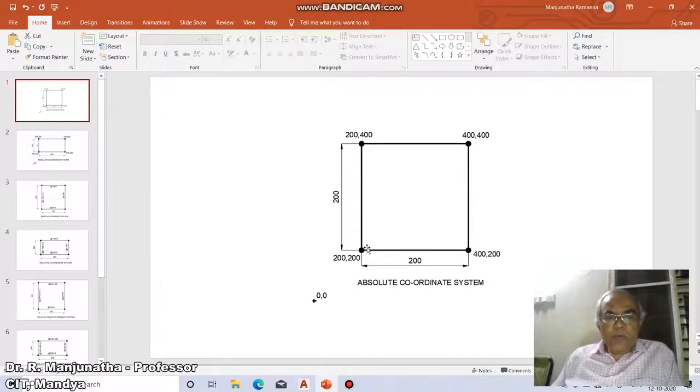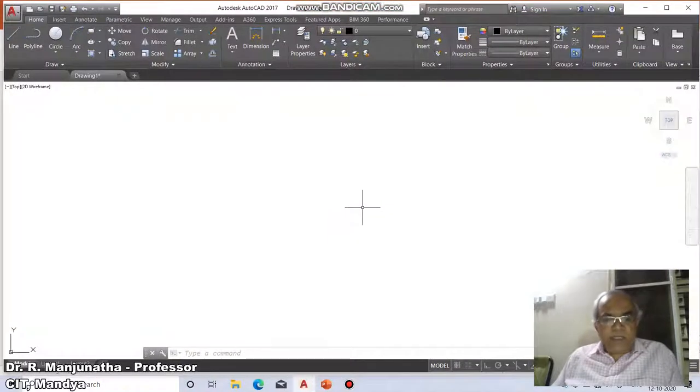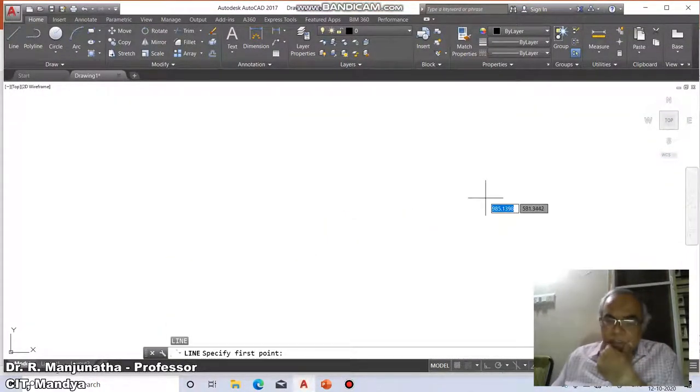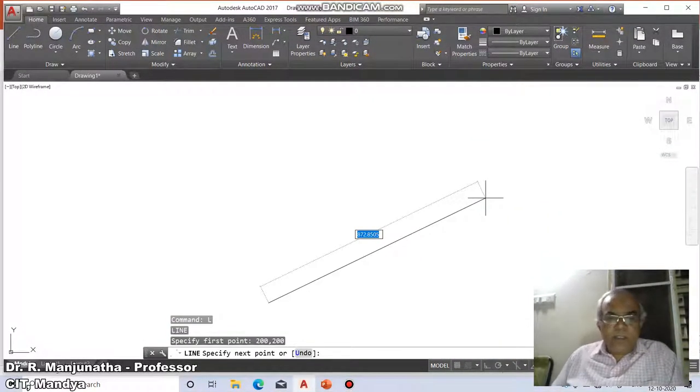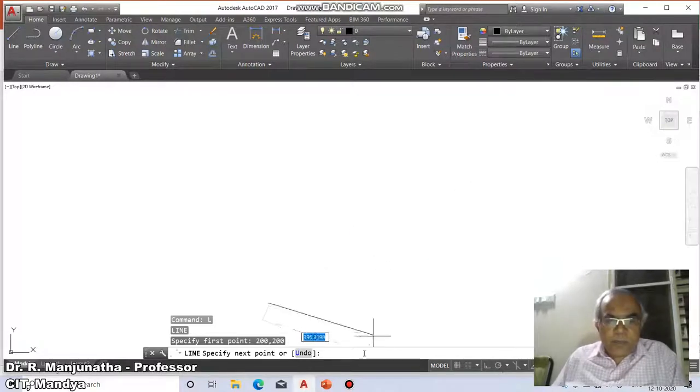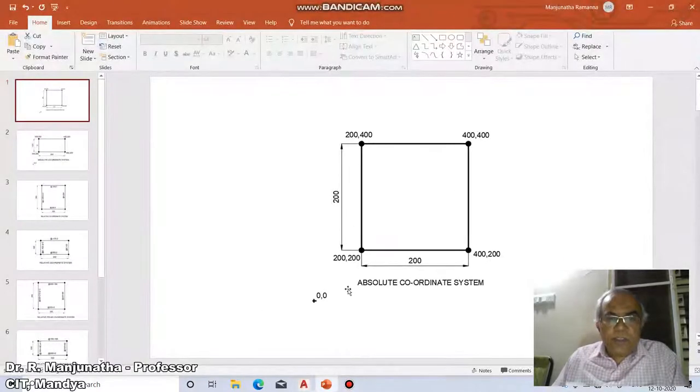Now we are going to give the command, which is line. Specify first point: I will say 200, 200. Then for the second point, we are moving along the direction of the UCS x-axis by 200 mm.